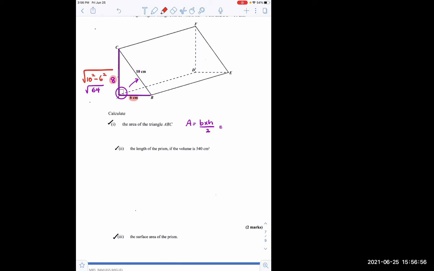I believe it's 24. Am I correct? Yes, miss. Centimeters squared. Yes, Jason. Thank you. It is centimeters squared.